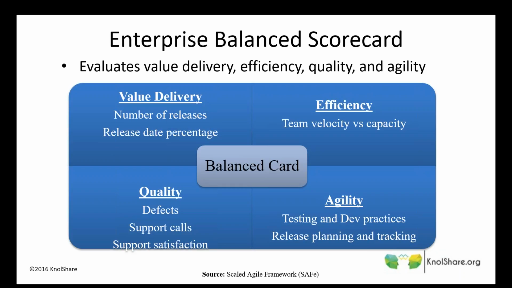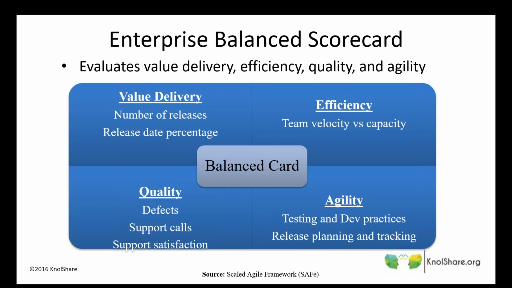So I could equate value delivery with customer, internal business operations with efficiency, and finance. Finance gets a little bit dicey because most people in the Agile space try to walk away from that, and that's one thing that I would put back in there that's missing in this balanced scorecard.